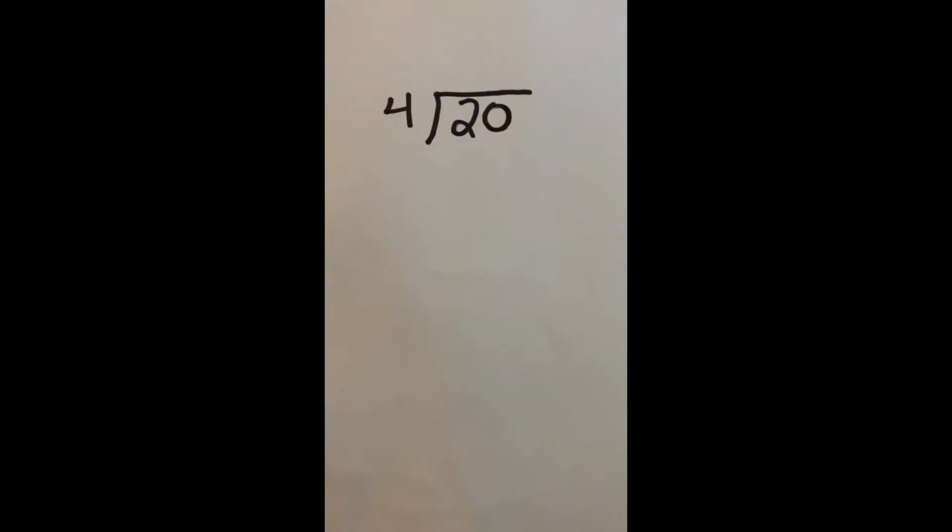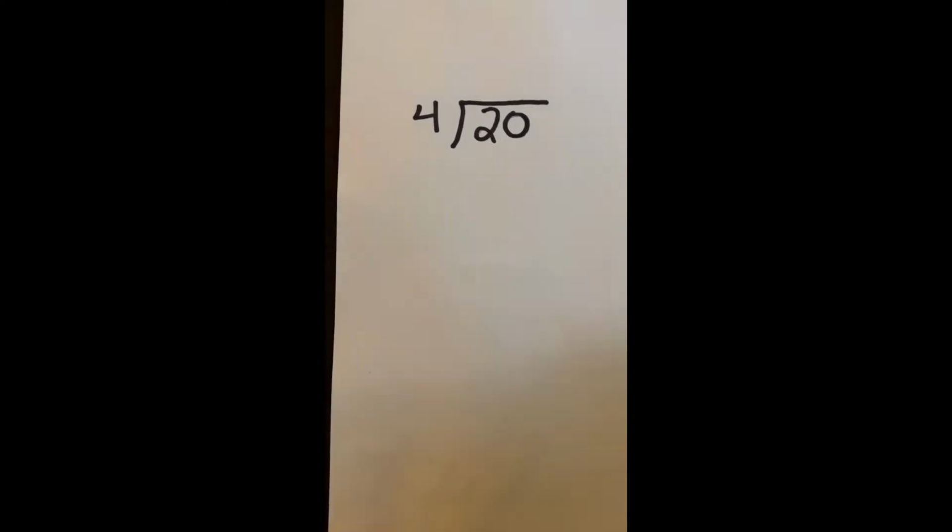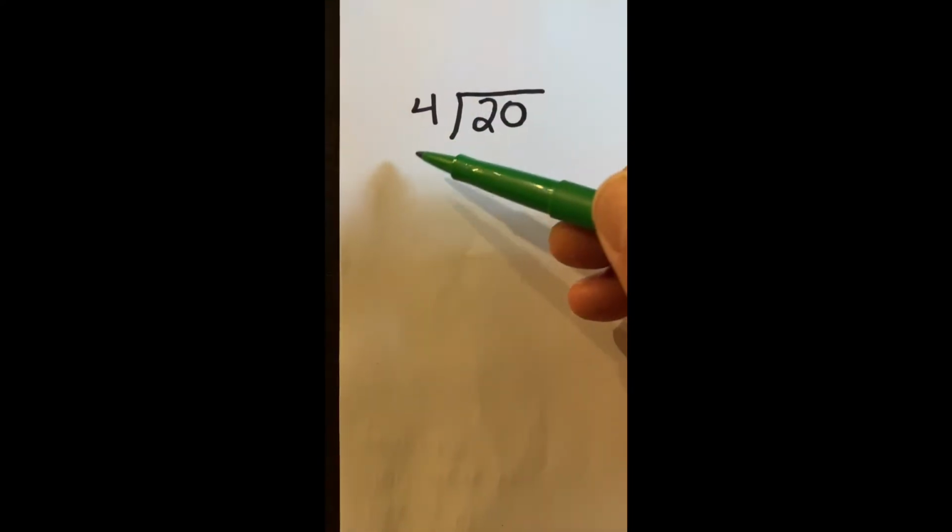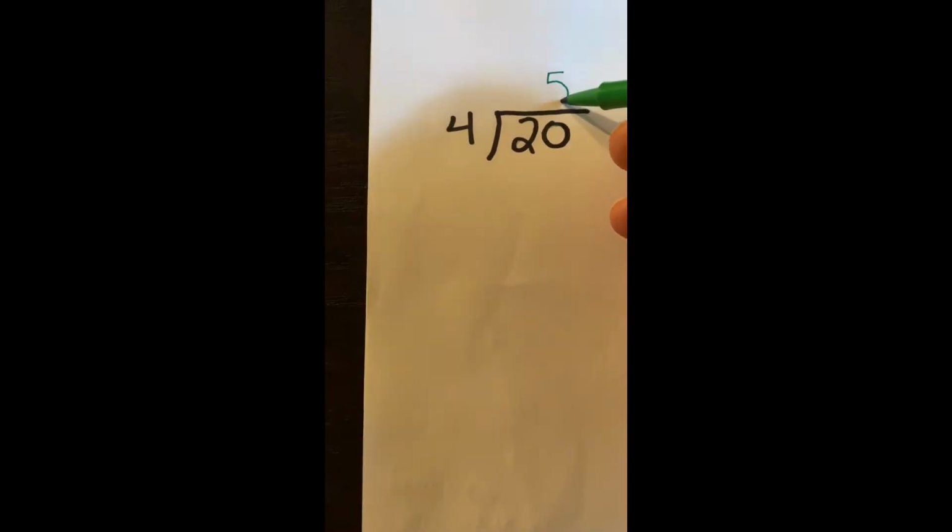So last week, 4th graders, when you worked on your division facts, everything works out perfectly. There's an even amount that you divide by and get. For example, when you have 20 divided by 4, that's a nice even 5.